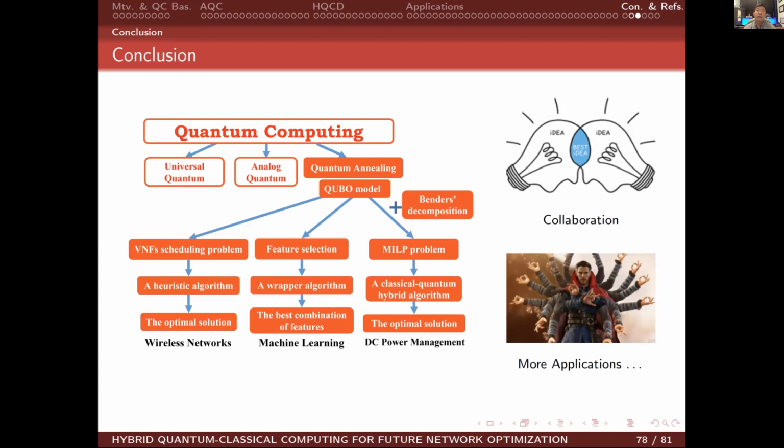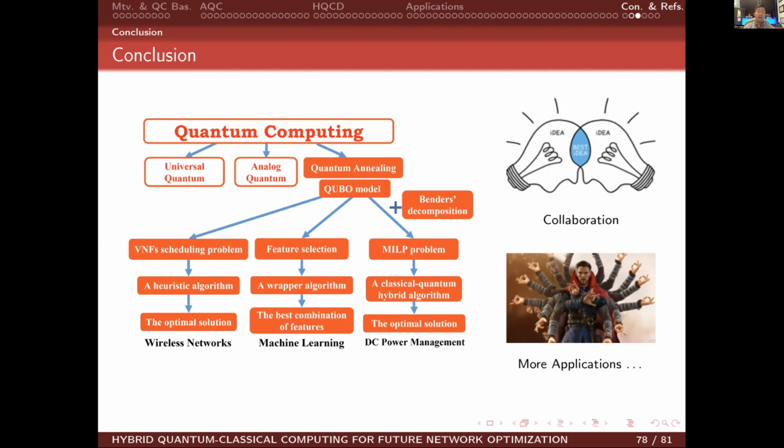So that the global optimum will have the lowest energy. And then when we do the sampling, the global optimum will be sampled with a much higher probability. So in this case, instead of using enumeration by the classical method, we can use quantum, like Doctor Strange, to find the solution immediately.